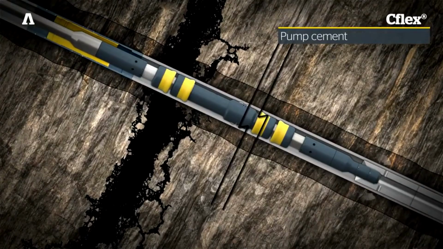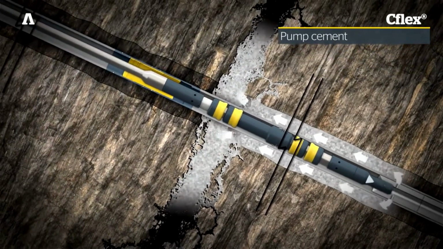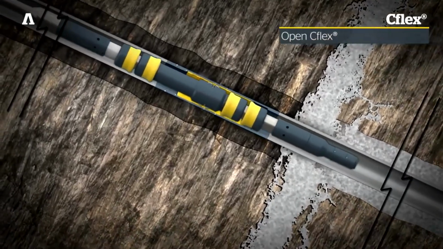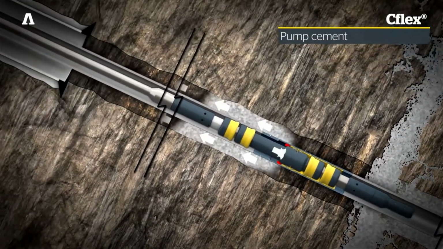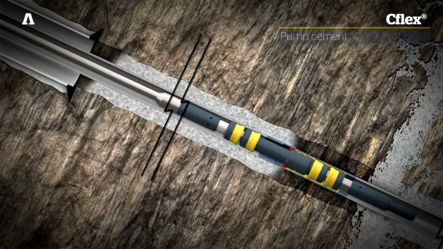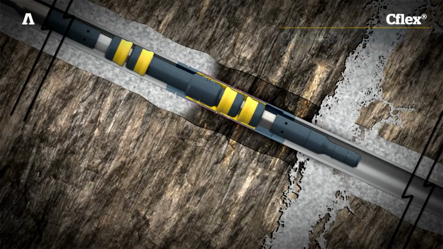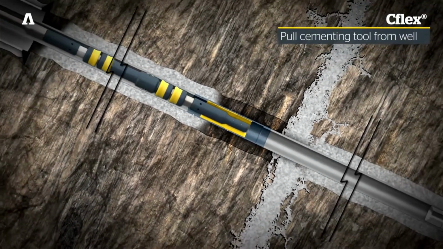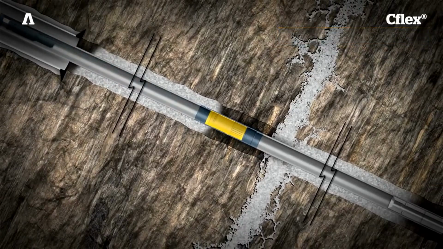So here you see that we are running the running tool, and we're doing a primary cement job. You see that part of the cement is lost into the formation. Now, to ensure the integrity of the cement in the upper zone, we squeeze the cement through the CFLEX. And now we see that the upper zone below the casing is properly isolated.